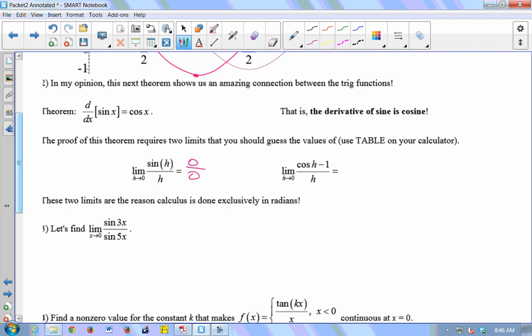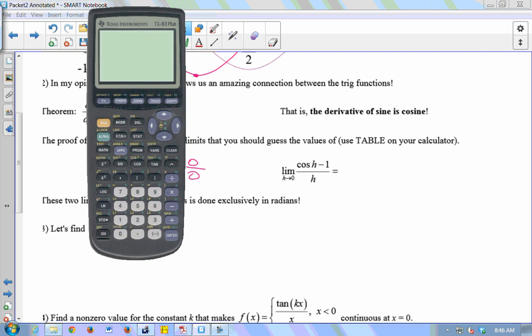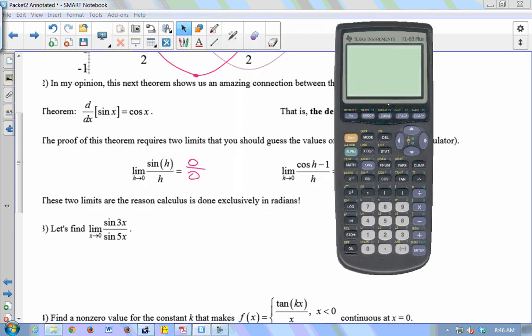We're going to use the table function on the calculator. I'm just going to plug in smaller and smaller values of h. So I'm going to use my y equals and just type in sine of x divided by x and make sure we're in radians.